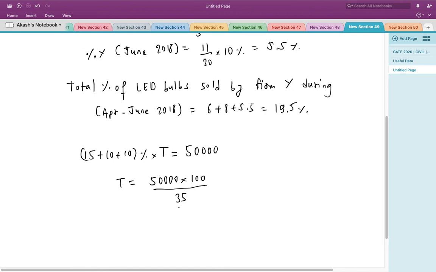Now I have to determine the total number of LED bulbs sold by firm Y during April to June 2018.